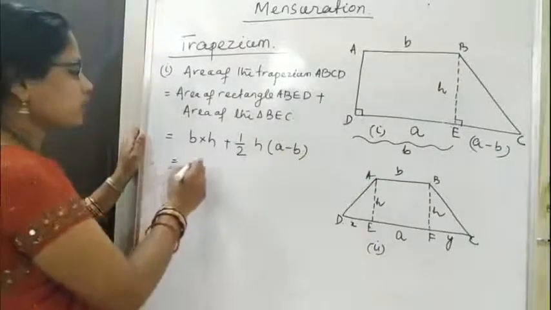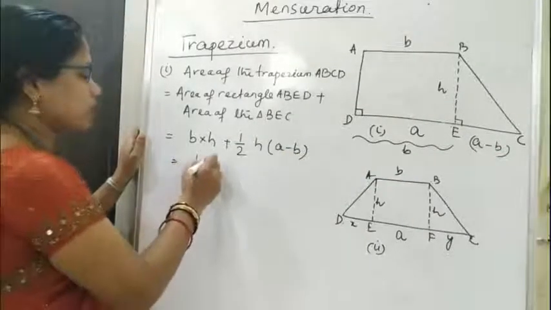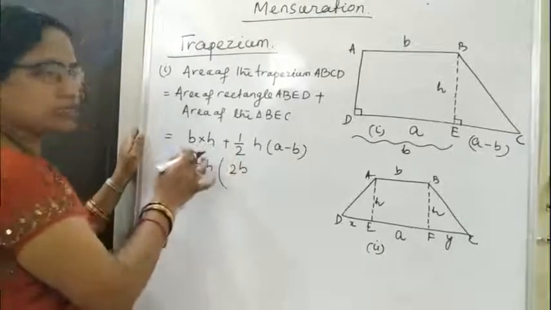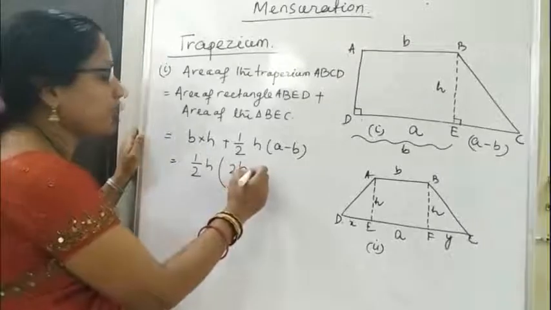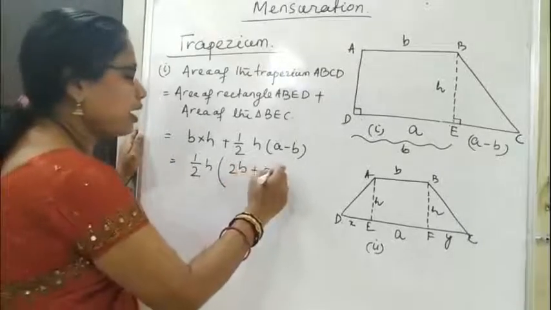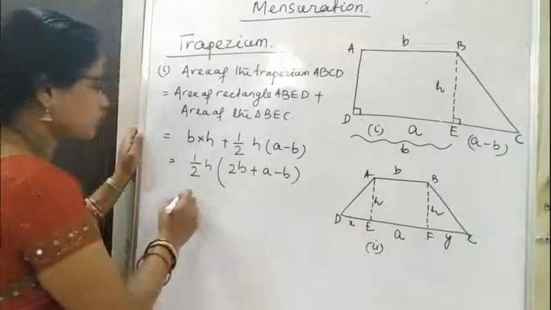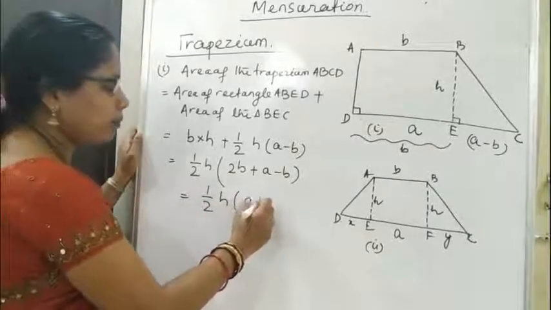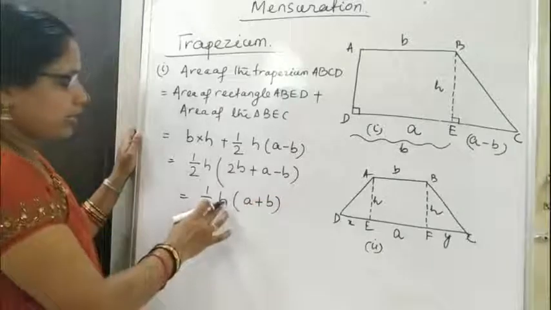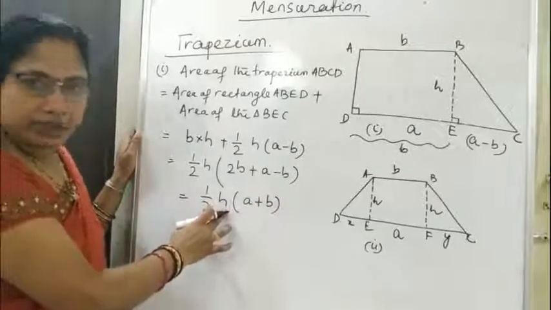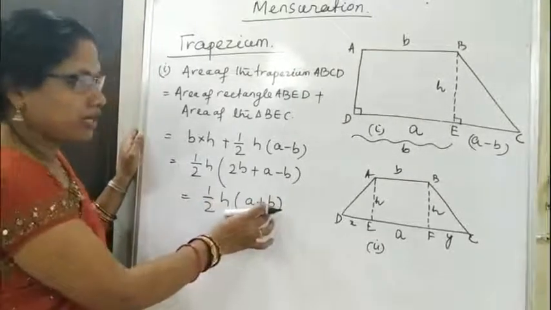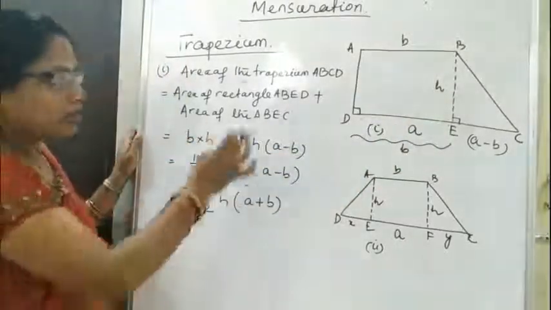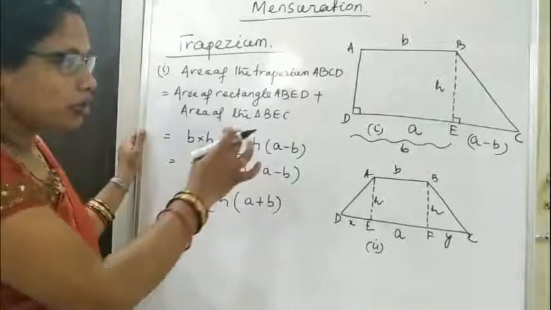So this is equal to, half h is common, so this will be 2b plus a minus b. So this is equal to half h into a plus b. Here h is the height of the trapezium, a is DC and b is AB, where AB is parallel to CD.